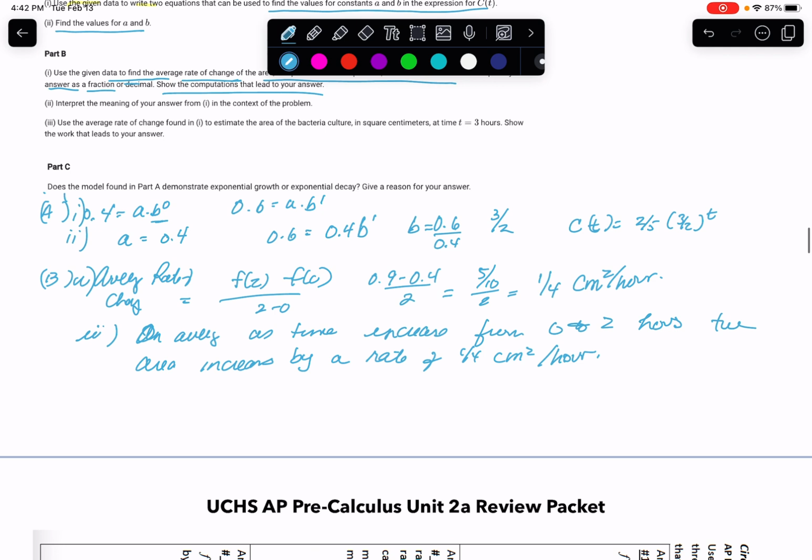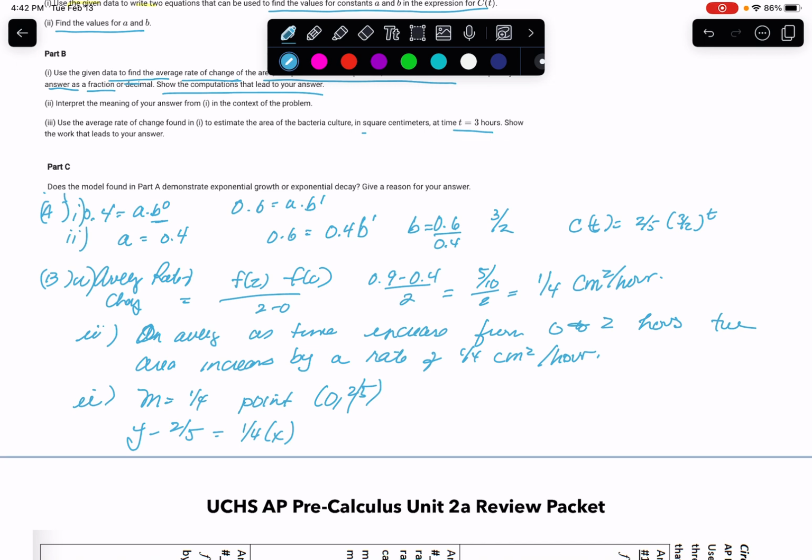Okay, and then part 3 says use the average to estimate the area of the bacteria at T equals 3. So we're going to have M is 1/4, and we'll use the point (0, 0.4) to write an equation. So y minus 2/5 is 1/4 x.